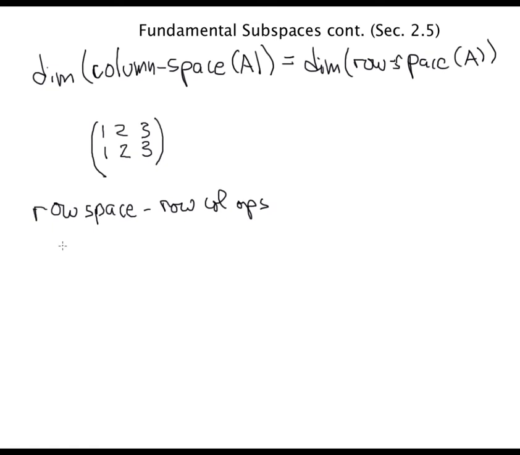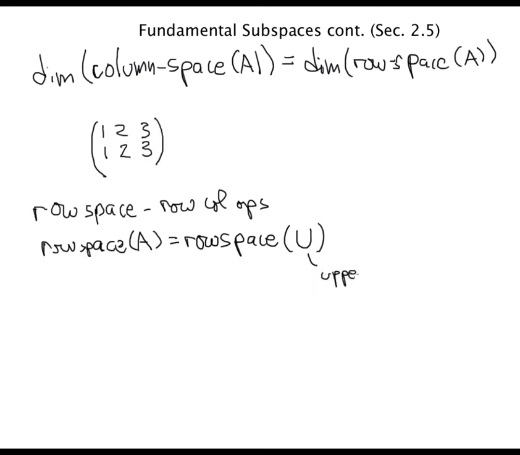Because adding a multiple of a row to another row clearly doesn't change the row space. And so that says that the row space of A is exactly the same thing as the row space of U, where this is the row echelon form, upper triangular form that you put it in using row echelon.